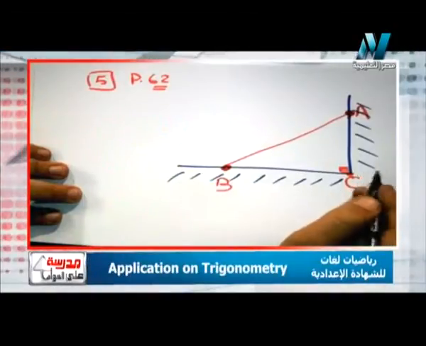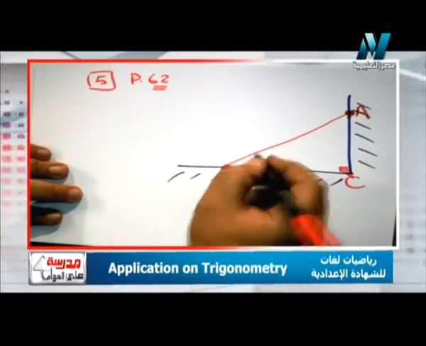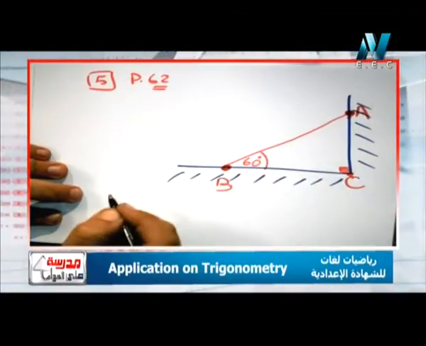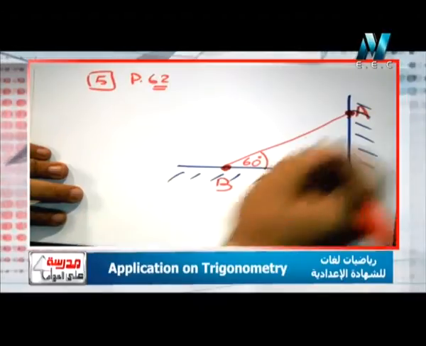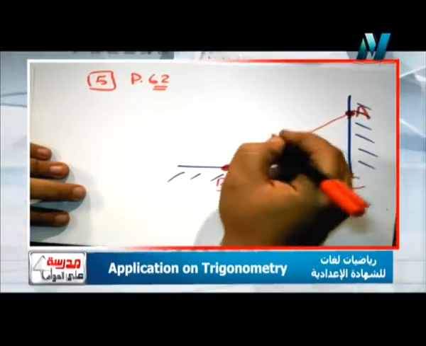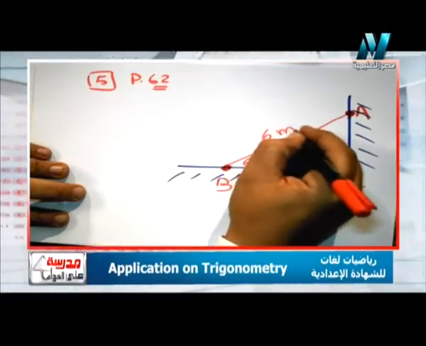So let's go back to the drawing. This is the ladder, and this is the floor. So the angle made by the ladder with the floor is 60 degrees. Now I have to find the length of AC. The given here is the length of the ladder, which is 6 meters.